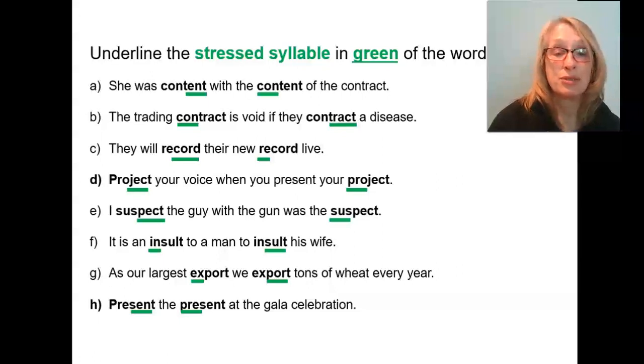As our largest export, we export tons of wheat every year. Present the present at the gala celebration.